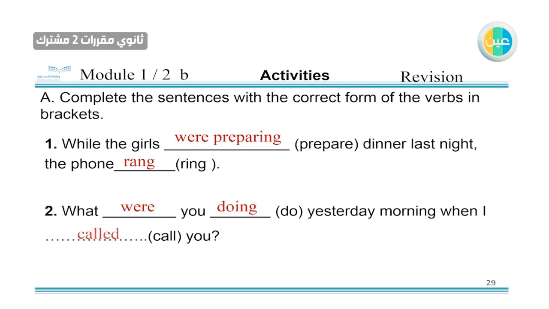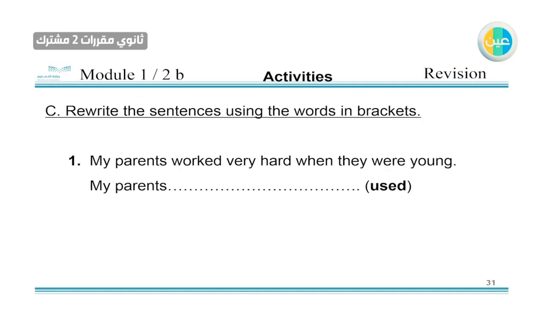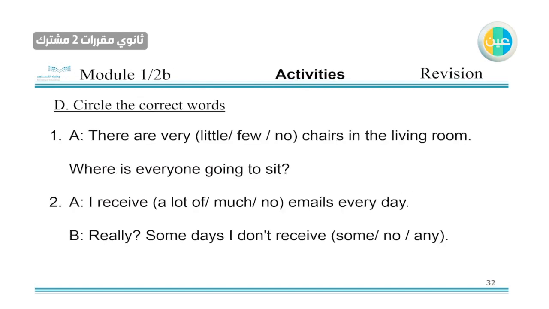Question, ing, and called. And number two, also pause. Now the answers: on, many, much, countable, uncountable, and time clauses. Be careful here: used to. Pause, answer. Okay. And number three, pause. Now answer.